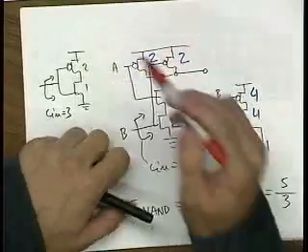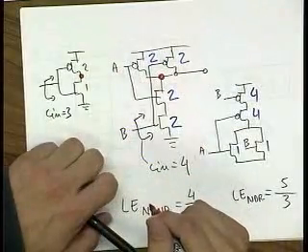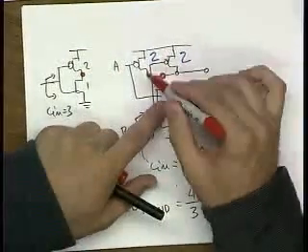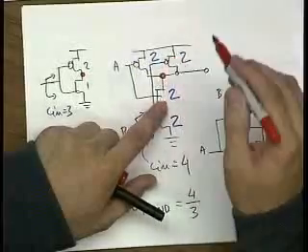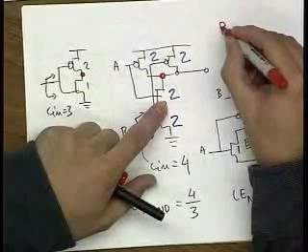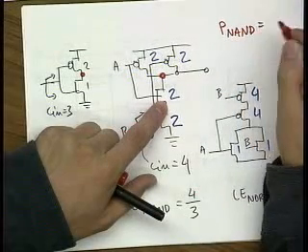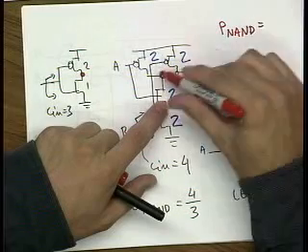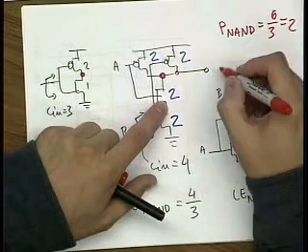And that's divided by the sum of all the widths that's sitting at this node for an inverter case. So what do we have here? We have total 6 divided by 3. So we have parasitic for the NAND is equal to 6 over 3 is equal to 2.